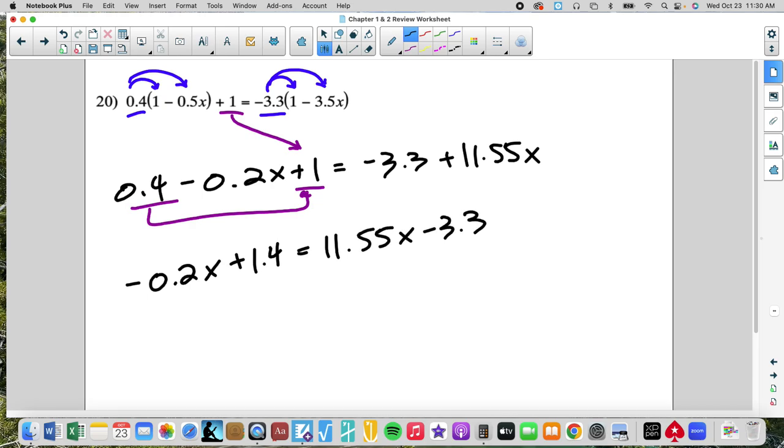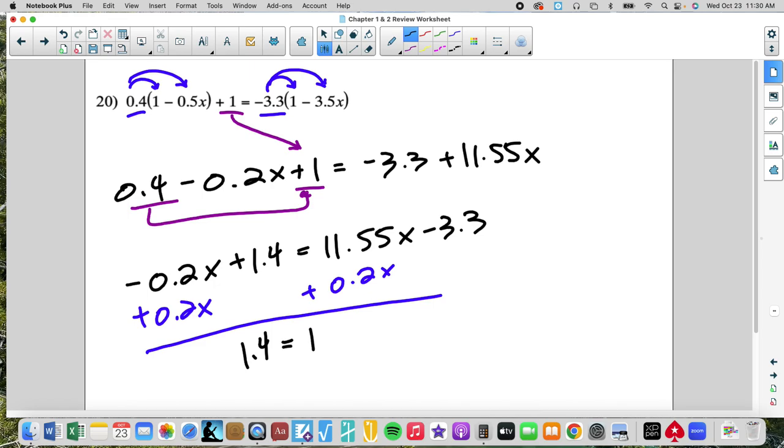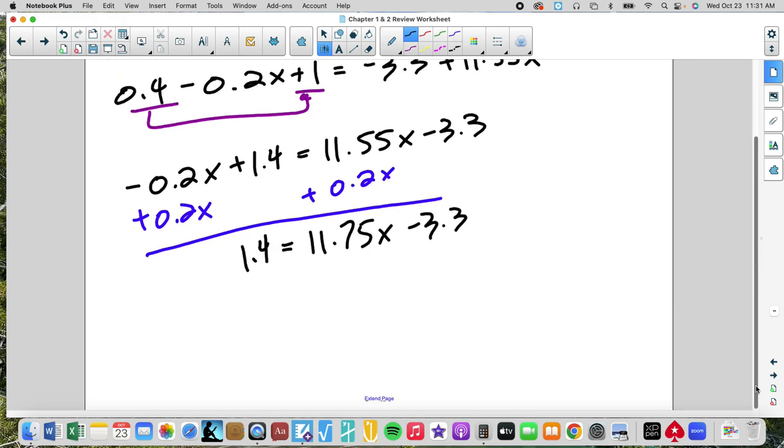I'm going to move the variables first. I'm going to add 0.2x, add 0.2x. I get 1.4 equals 11.75x minus 3.3. I moved my variables to the right, so I'm going to move my constants to the left.